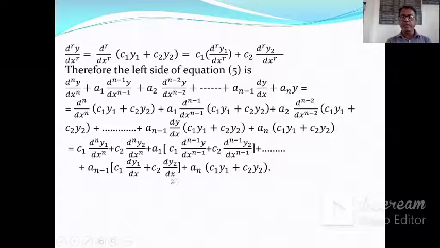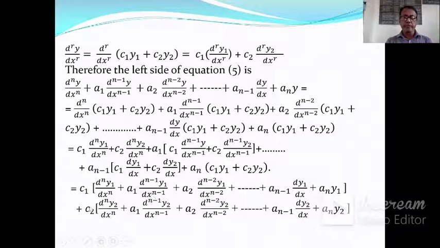In the second bracket, if we take C2 as common, then the term in the second bracket is d^n y2 by dx^n plus a1 d^(n-1) y2 by dx^(n-1) plus a2 d^(n-2) y2 by dx^(n-2) and so on, then a(n-1) dy2 by dx, and the last term is an y2.